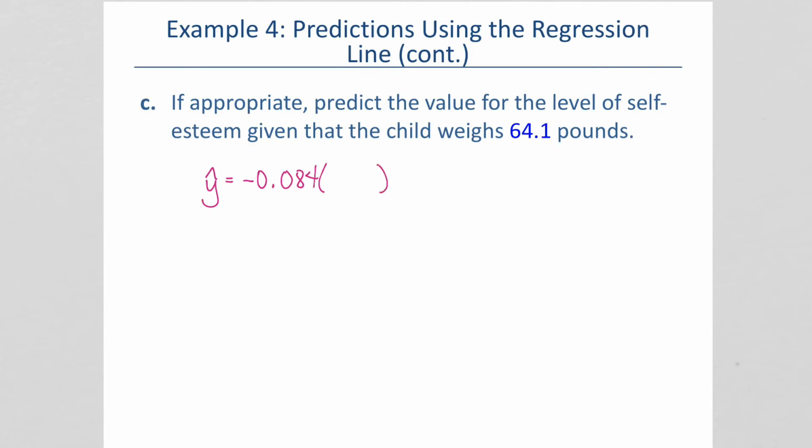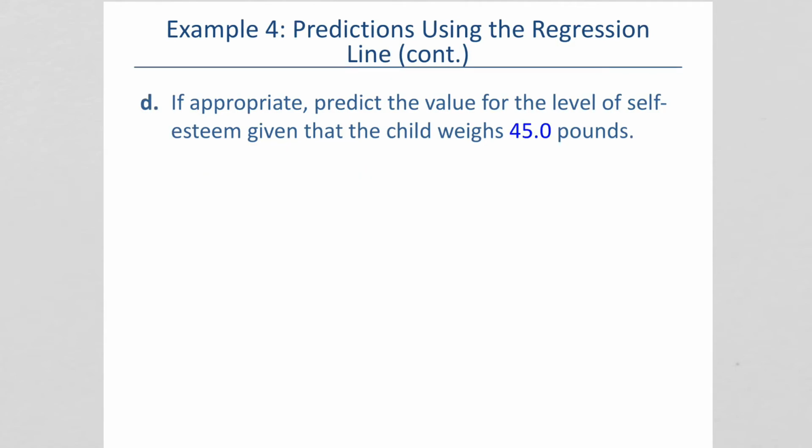So we're just going to plug in 64.1 for x in our equation. We get 3.3, so their self-esteem would score a 3.3.